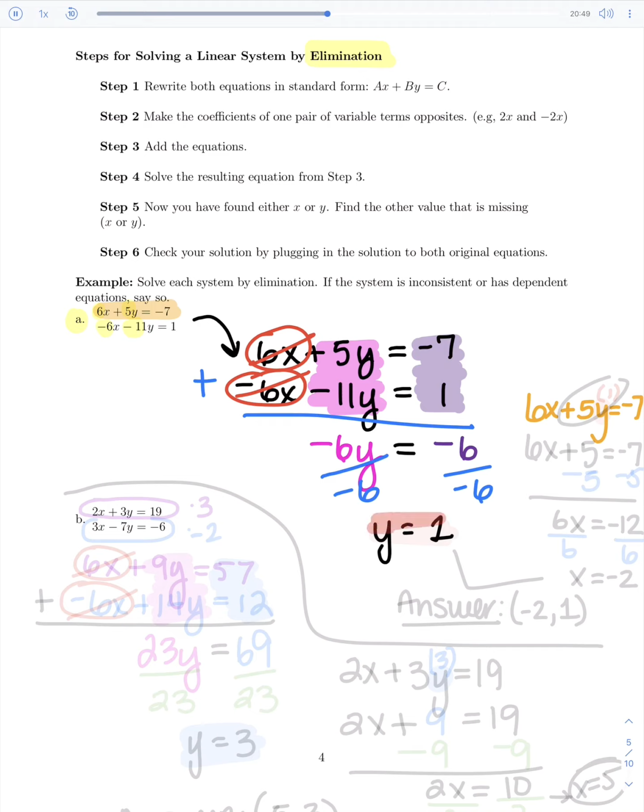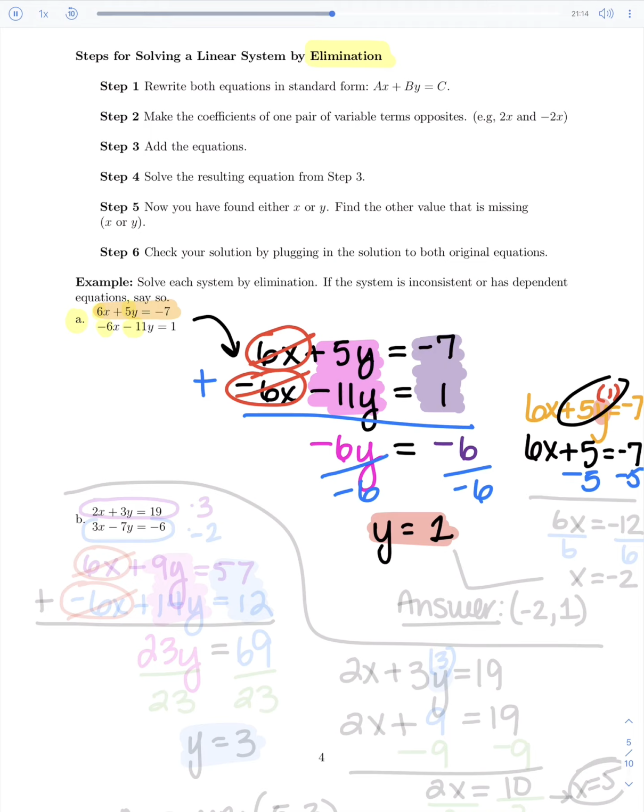And I'm going to plug in y equals 1. So what that will do is get me 6x plus, 5 times 1 is 5, equals my negative 7. Solving it normally, I'll subtract 5 from both sides. And let's see what happens.